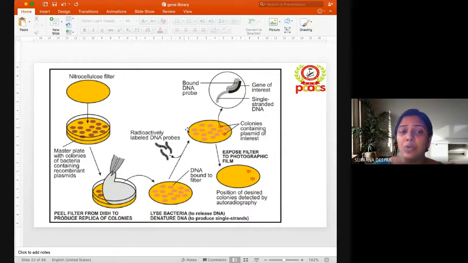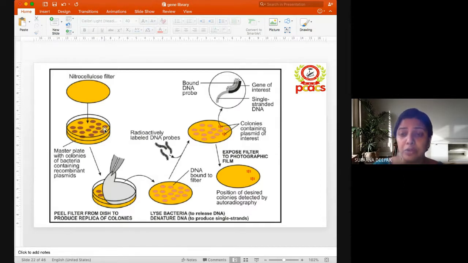Then you allow it to hybridize with your radioactively labeled DNA probes, and then you can expose it to photographic film to see whether spots are being created or not. Okay, the positioning. Wherever you are getting these spots, the positioning can be compared with the master plate of the colonies. You can see over here the positions where your spots are identified. This is similar to replica plating.